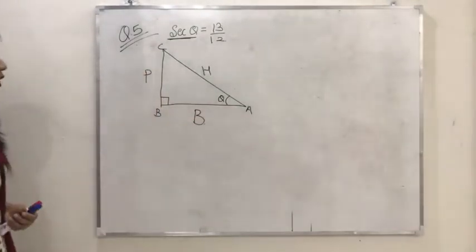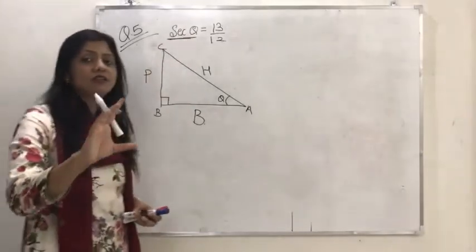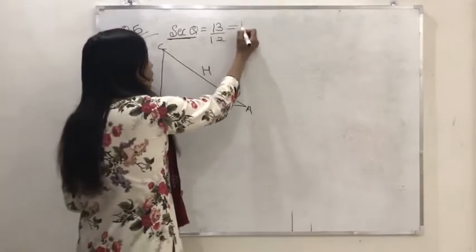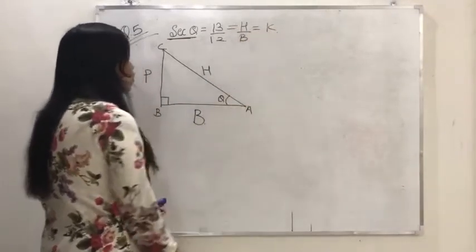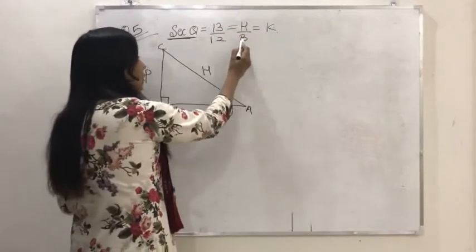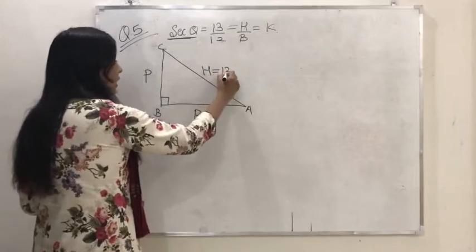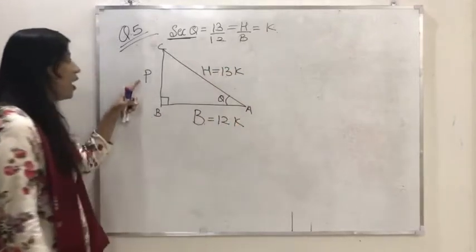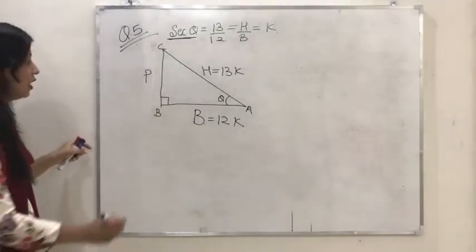So what is given to me is sec theta. So sec theta is just opposite of cos theta. So it is hypotenuse upon base, that is equal to k. So I will say that my hypotenuse is 13k and my base is 12k. Let's find out the value of perpendicular using Pythagoras theorem.